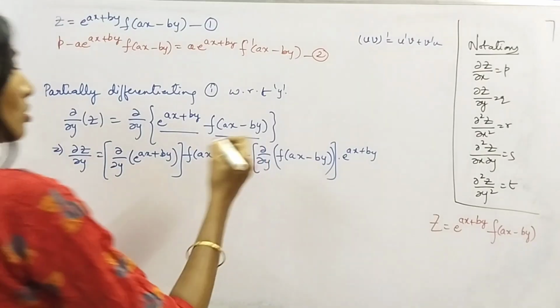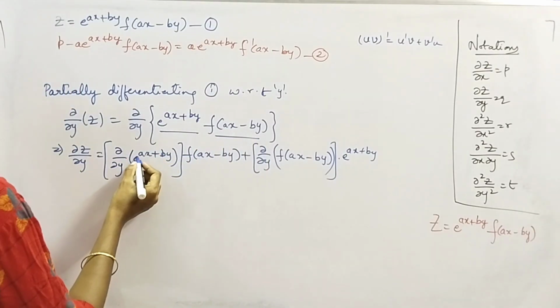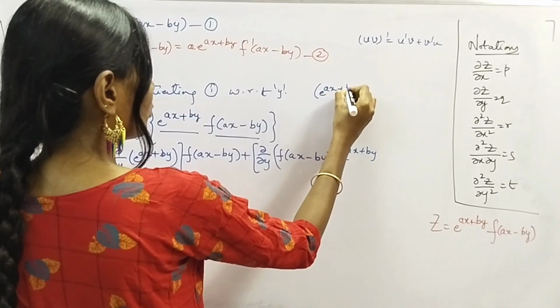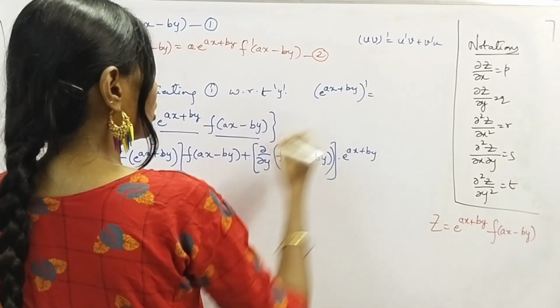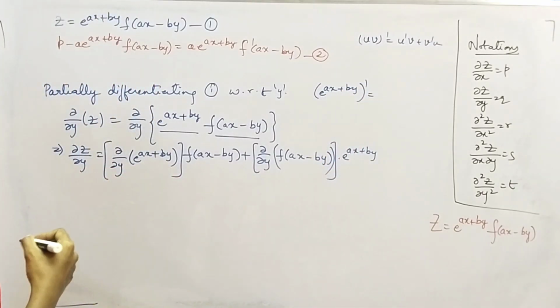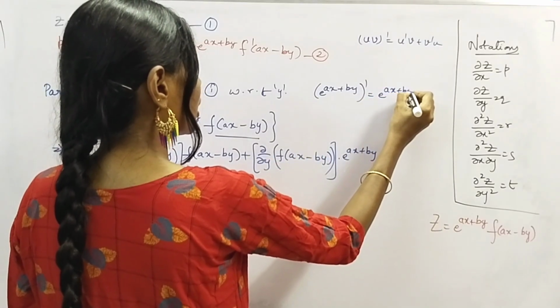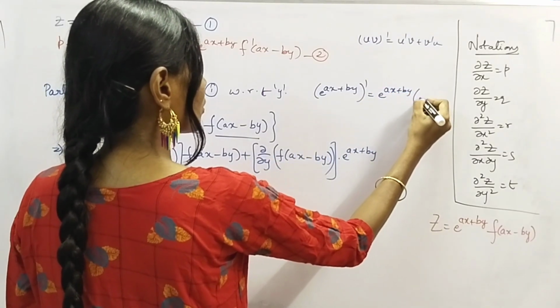Okay, so here we are having the partial derivative of e power ax plus by. We know that the derivative of e power ax plus by with respect to y will be e power ax plus by into the inner derivative.